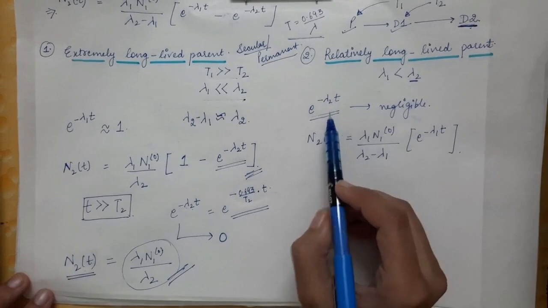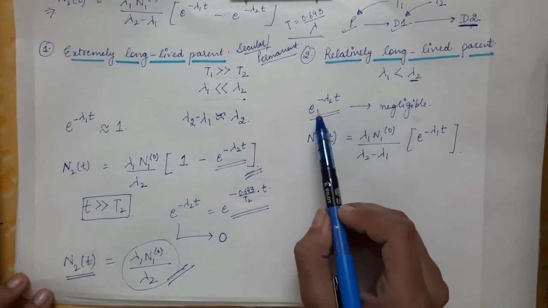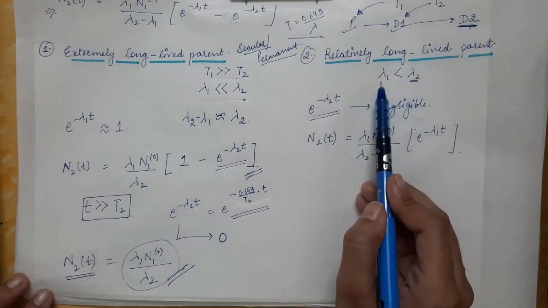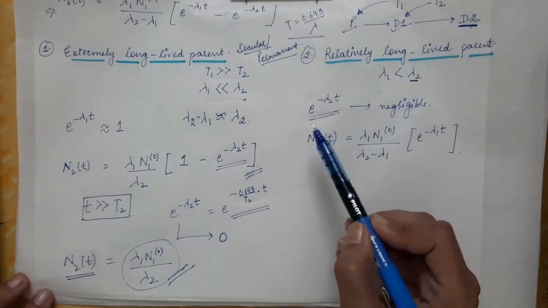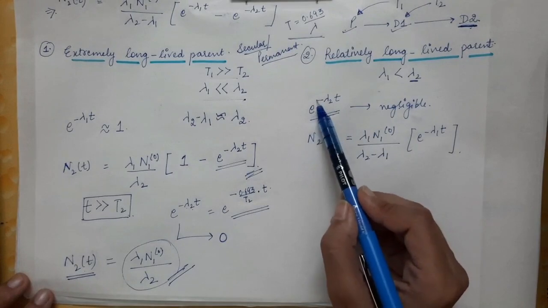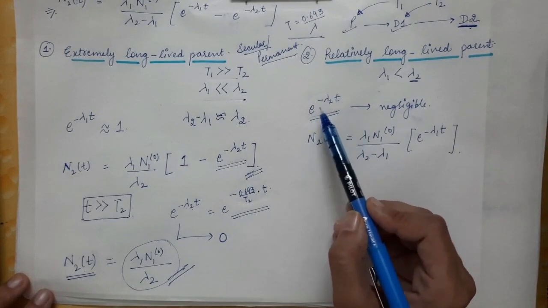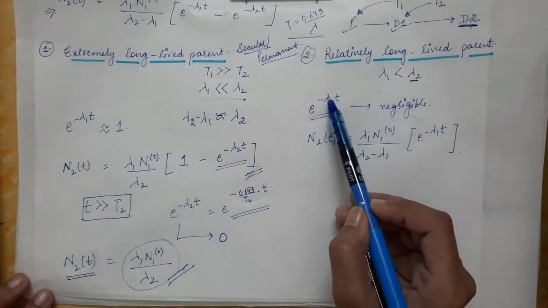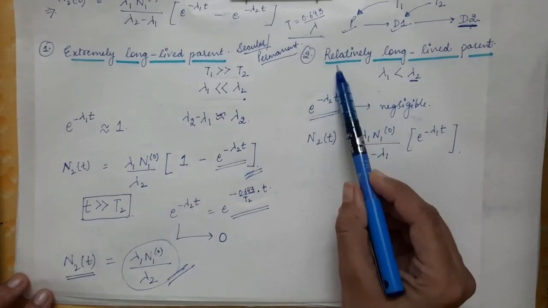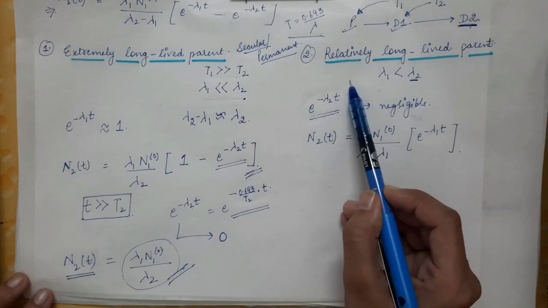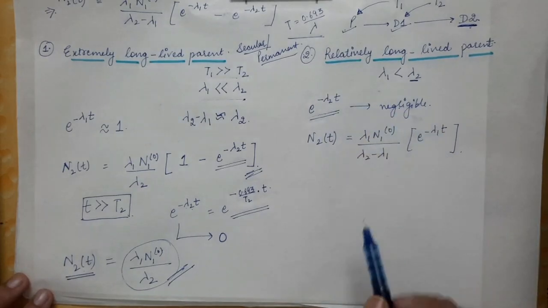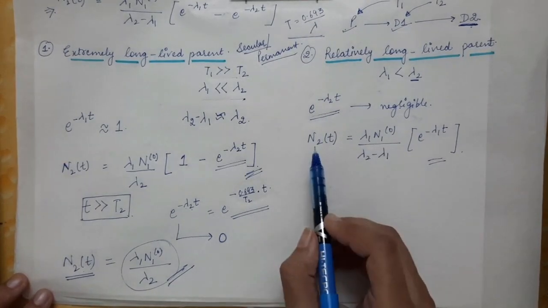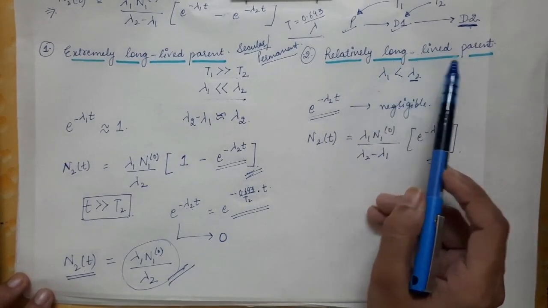After some time has elapsed, the second term can be taken as negligible, because lambda 2 is greater than lambda 1. This is the formula that we get for the case of a relatively long-lived parent.